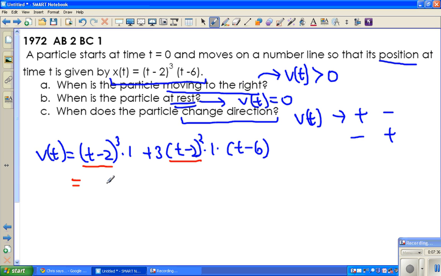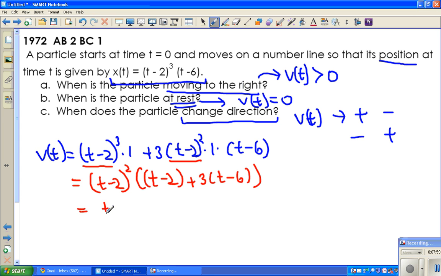That means as you factor t - 2, in fact the lowest exponent here is 2. Common exponent is 2, so we're going to factor out (t - 2)^2. That means we are left with (t - 2) + 3(t - 6). Now let us simplify this one further.